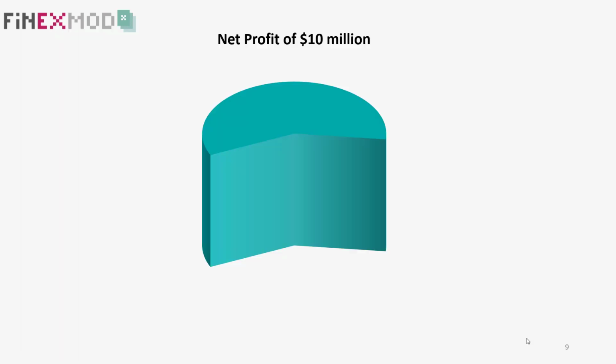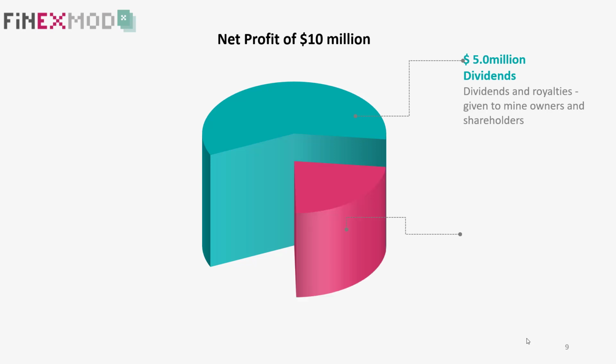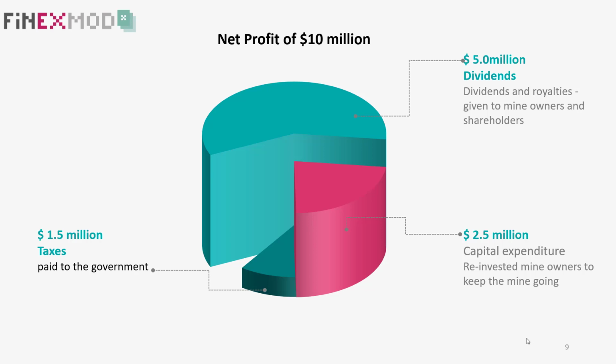Let's say a mining company is generating net profit of 10 million. 5 million goes out as dividend, 2.5 million goes out as capital expenditure or any sort of cash in a reserve account, 1.5 million goes out as taxes, and then the company decides, based on the profit-sharing mechanism, to distribute 1 million to its mining workers.